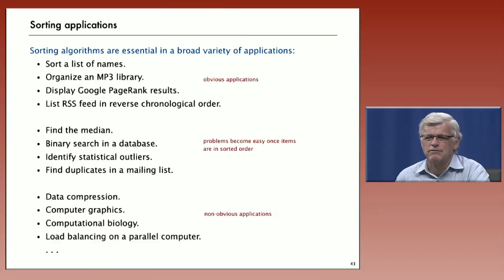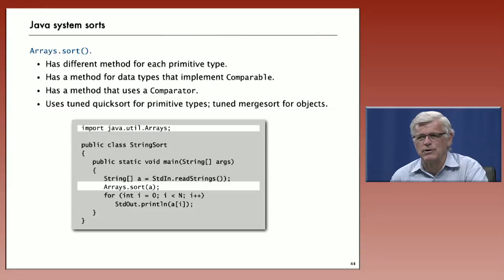And then there are plenty of applications that we'll see later in this course, like data compression or computer graphics, like finding the convex hull, applications in science such as computational biology or in systems development, where having an efficient sort is absolutely crucial. So because there are all these applications, most programming systems have a fast sort as an important part of their infrastructure.